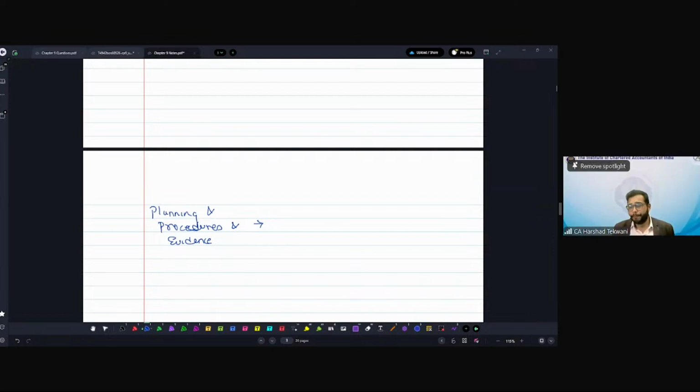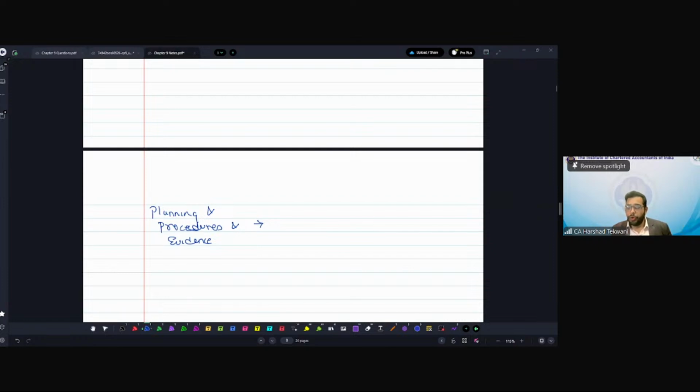Yes, no. Can you have predefined steps for the planning of these kind of engagements, like one predefined set of steps that will be applicable to all? No. Very good, Manish. Yes, we cannot, because each and every engagement will have different agreed upon procedures.